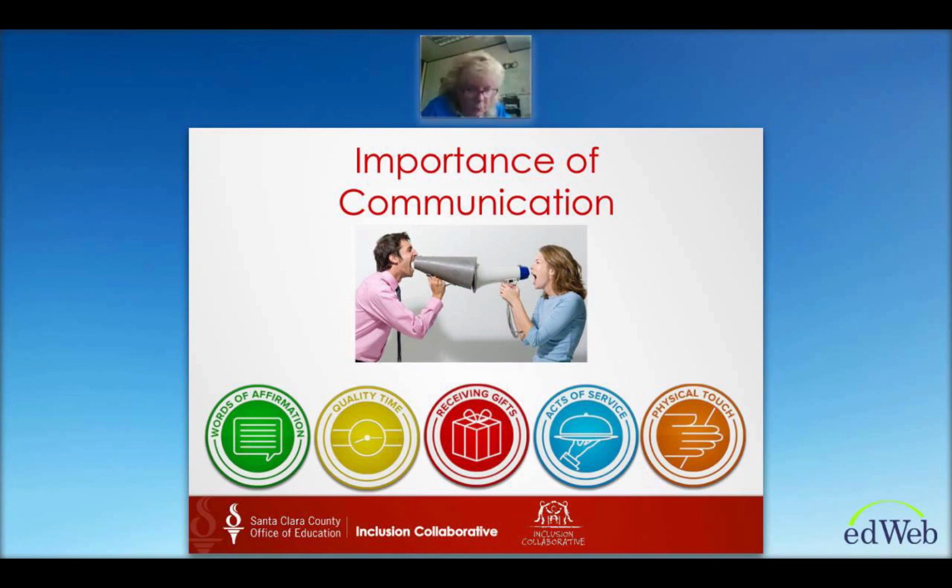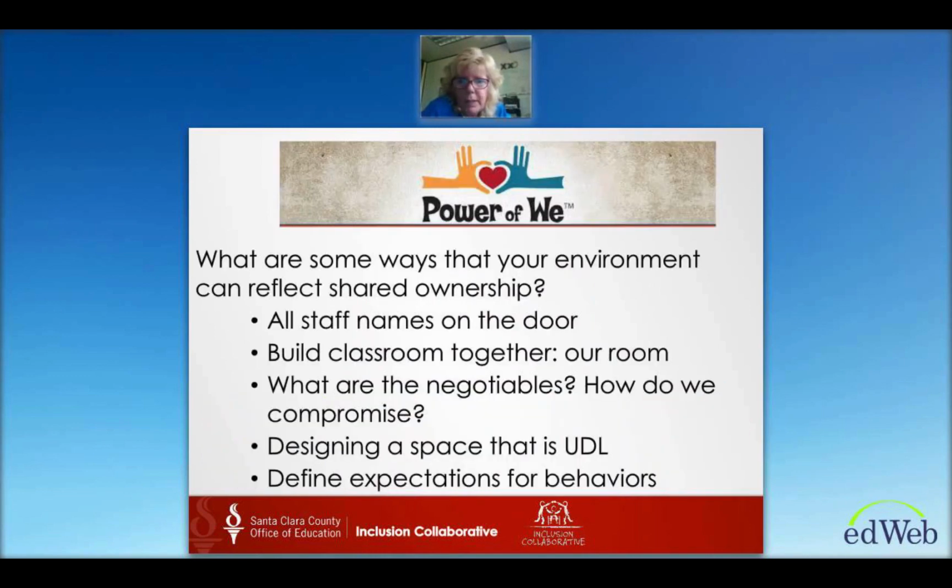The power of "we": if you're co-teaching, your environment should reflect that you share it. You shouldn't just be a guest in that room. So you should have staff names on the door and build the classroom together, so it's your room together, not just one person's with a visitor. Learning what pushes buttons, what behaviors are non-negotiable, and what you compromise on are really important.